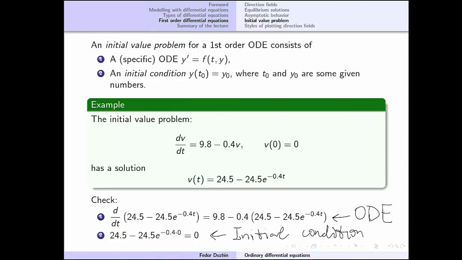And again, if you have a specific formula, then it is very easy to verify that it is indeed a solution of the initial value problem, so you just need to substitute it into the differential equation and into the initial condition. Of course, a much harder question is to solve an initial value problem.